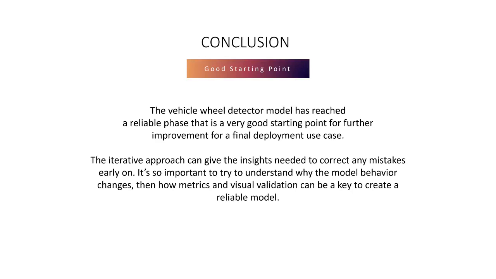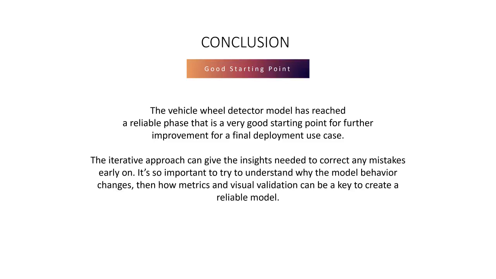In conclusion, the vehicle wheel detector model has reached the reliable phase, and it's a very good starting point for further improvement when deployed for the final use case. I would say the iterative approach gives the insights needed to correct mistakes early on in the process.